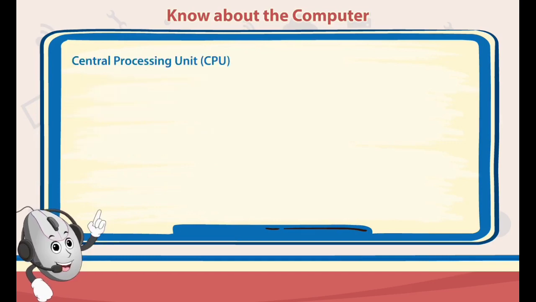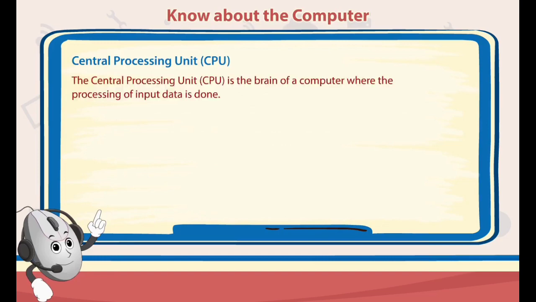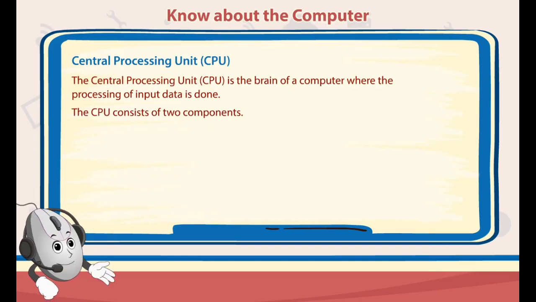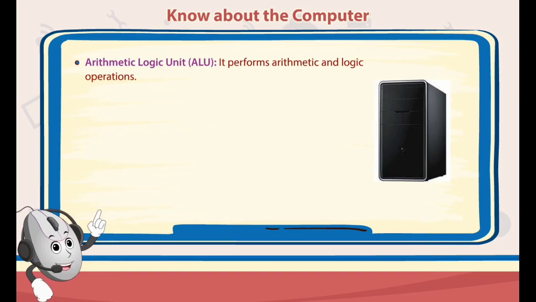Central Processing Unit (CPU). The Central Processing Unit (CPU) is the brain of a computer, where the processing of input data is done. The CPU consists of two components. Arithmetic Logic Unit (ALU). It performs arithmetic and logic operations.